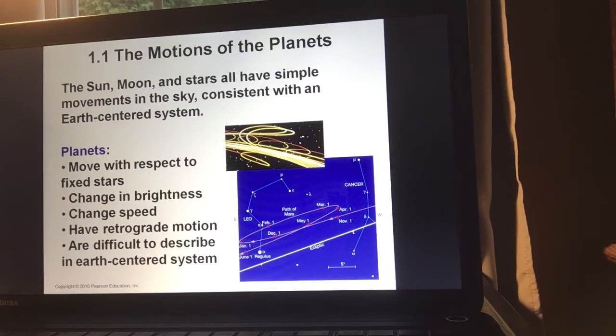However, as time went by, people discovered more things, such as planets move with respect to fixed stars, they change in brightness, they change speed, they also have retrograde motion. Some of these are very difficult to describe in an Earth-centered system.